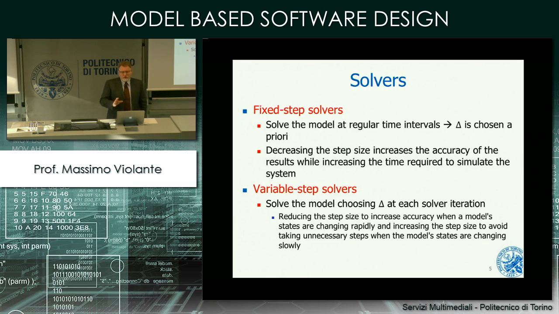So you have to choose between the two. I imagine that so far you always use the variable step solver like ODE4, ODE3, or something similar. So basically you never take care of selecting the solver. You just open Simulink and you use the default values. Is this the case? This is typically what happens when you use Simulink for modeling mechatronic systems.